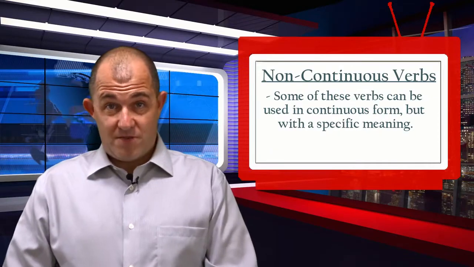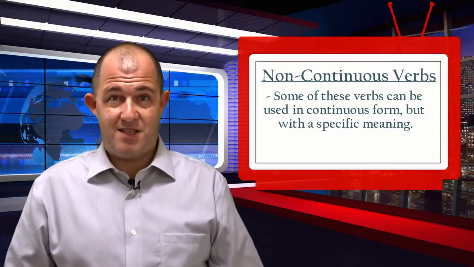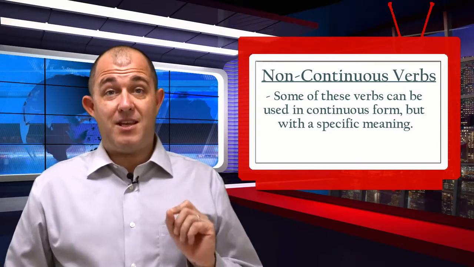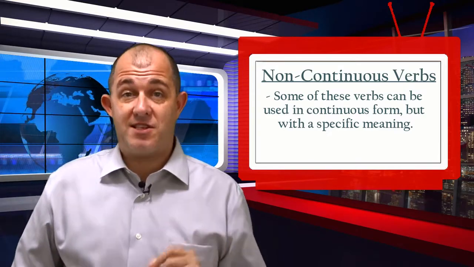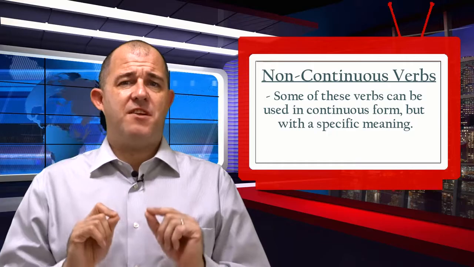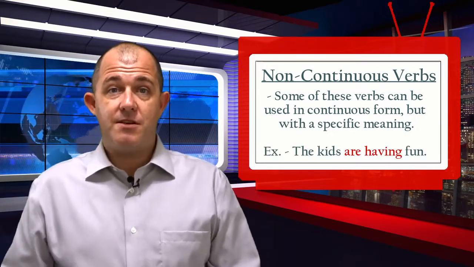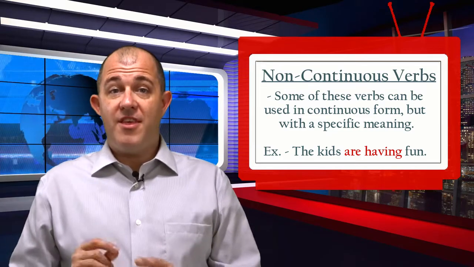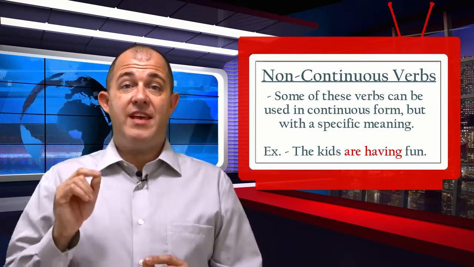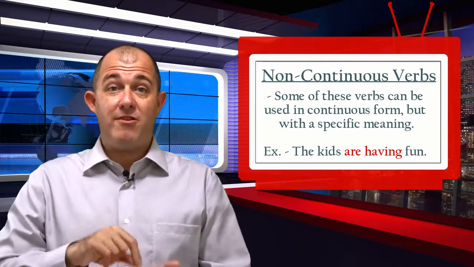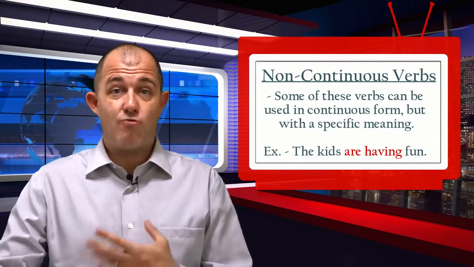Some of these verbs, which are normally used in simple tenses, can be used in a continuous tense, but they have a very specific meaning. For example, I can say something like, the kids are having fun. This means that the kids are experiencing fun right now.